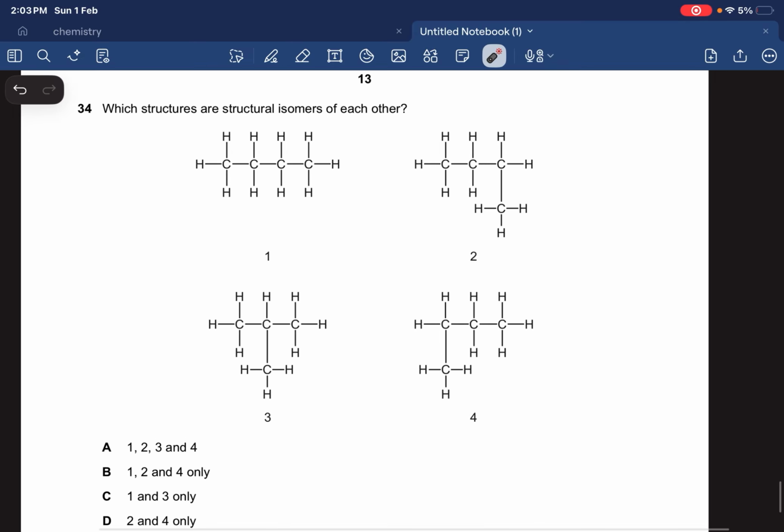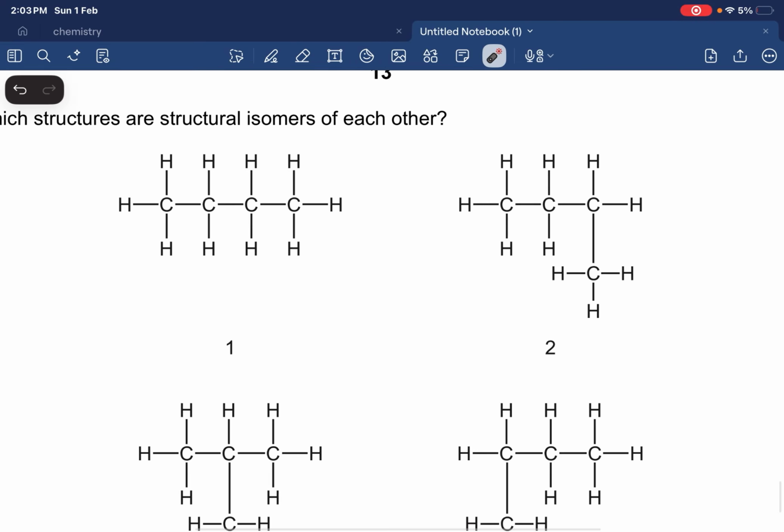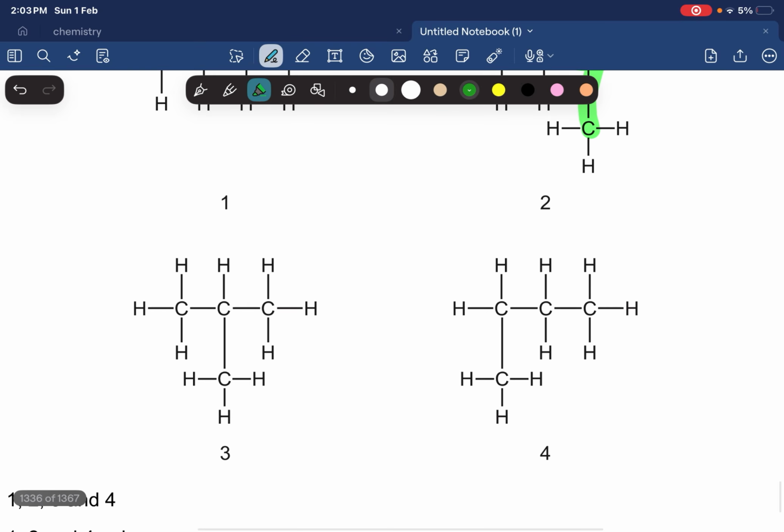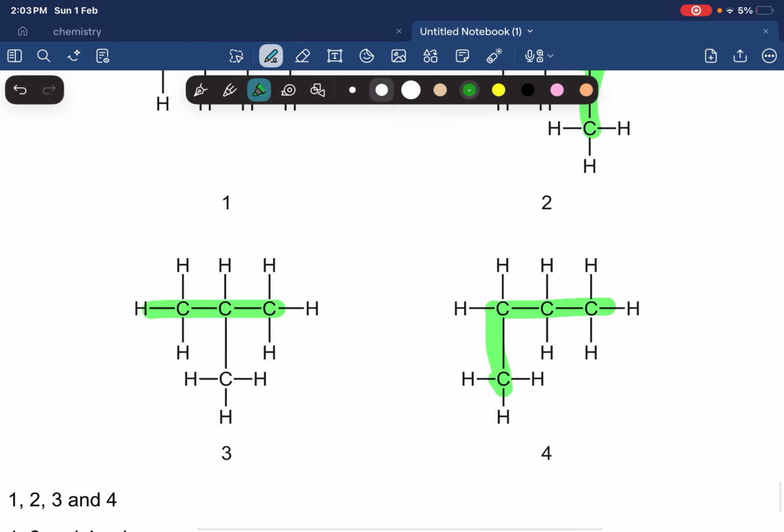Which structures are structural isomers of each other? This and all of 1, 2, and 4 are the same. So look, this is a straight chain, this is a straight chain, this is a straight chain, only this chain has a branch.